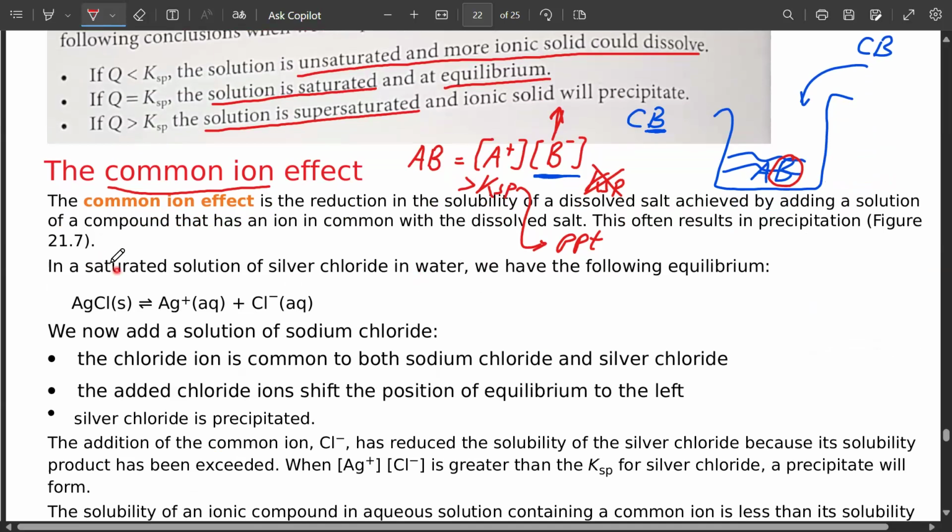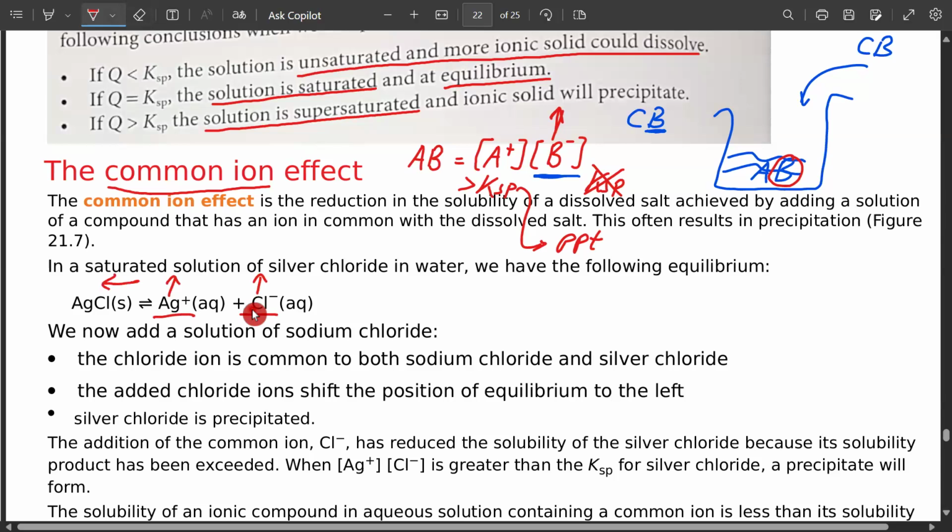We'll now take an example here. The example will help you. We have AgCl as a sparingly soluble compound, and it dissociates into Ag+ ion and the chloride ion. Now, if you try to increase the value of either the silver ion or the chloride ion, what will happen?